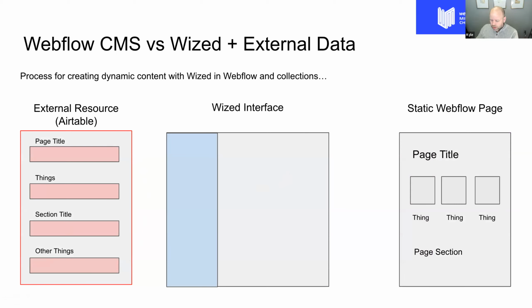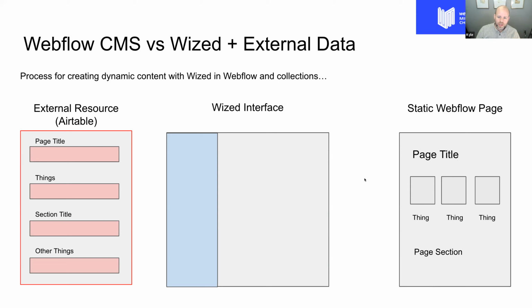But then inside of Webflow, since you don't have a Webflow CMS collection, you don't have a collection page. So what you're doing is creating static pages in Webflow. Think of your template page of your collection, you're just creating a static page.